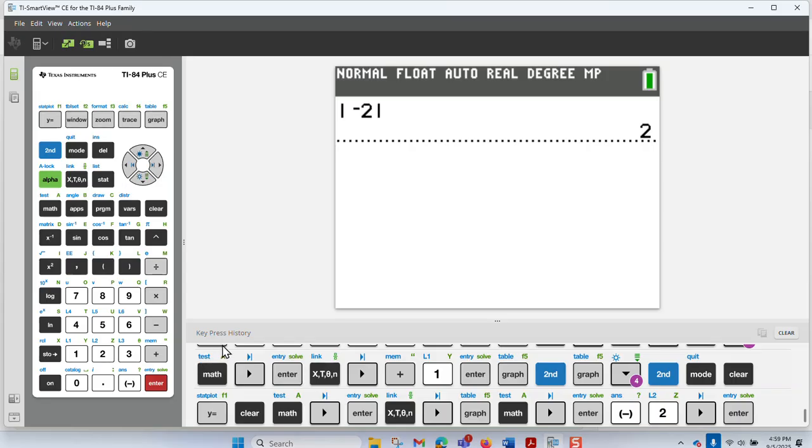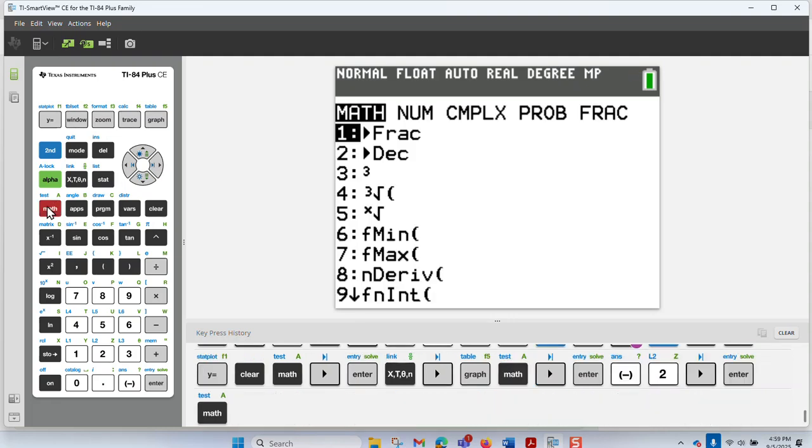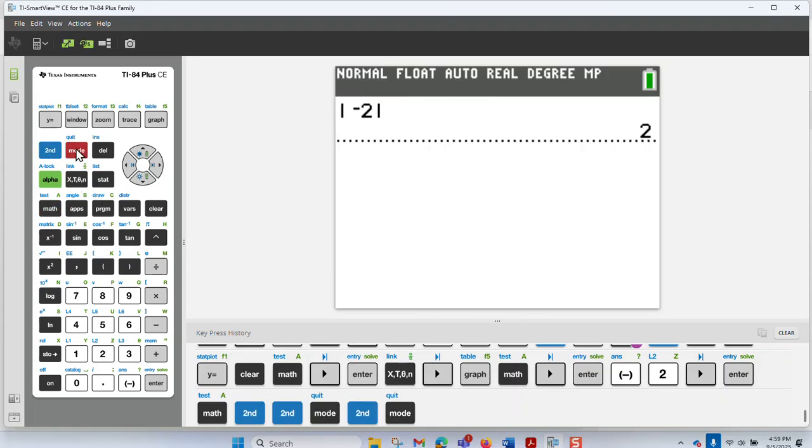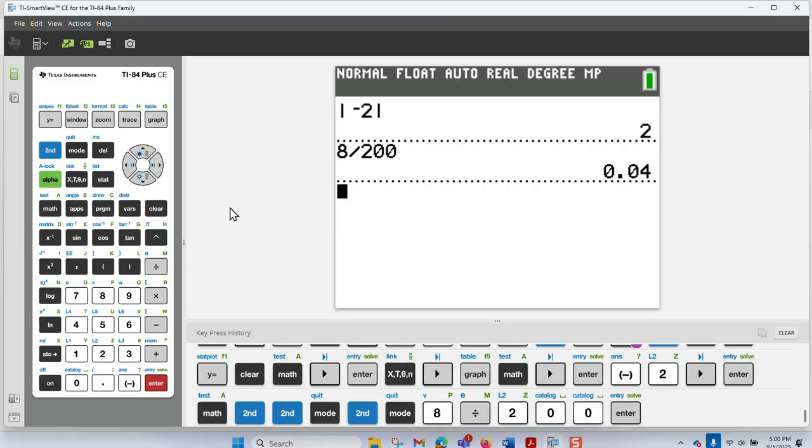Another one I want to show you under the math here is very helpful. This is the fraction and decimal conversion, right? A lot of times when we do the math, we need to simplify, like say 8/200, right? When we hit enter, it will be 0.04. This will be a decimal, right?